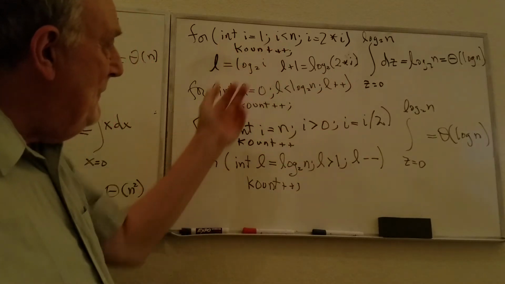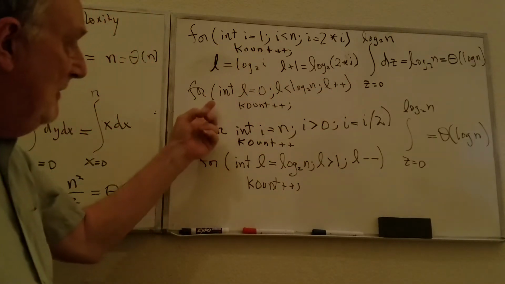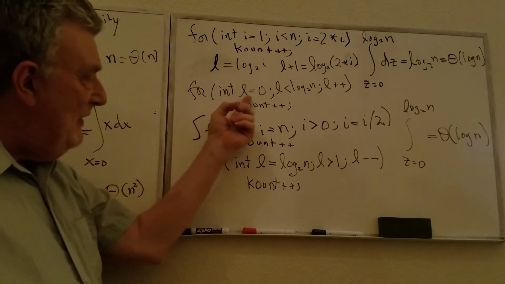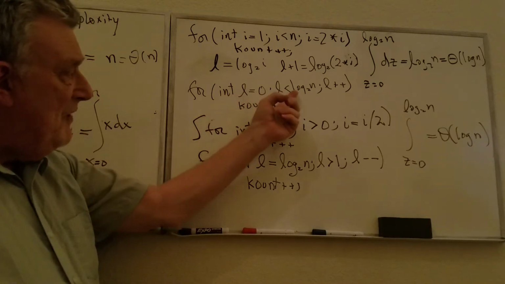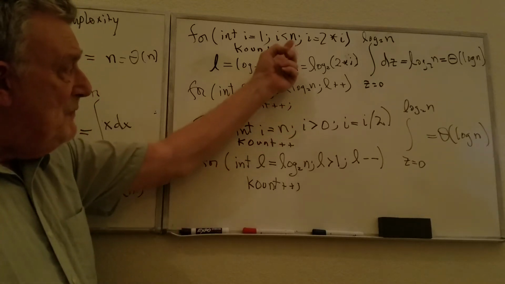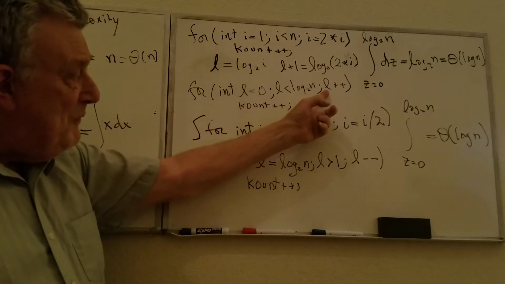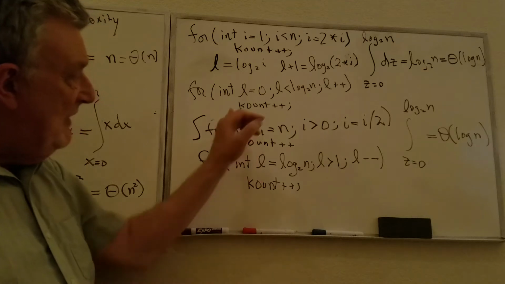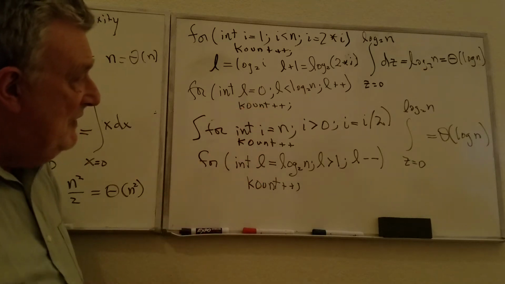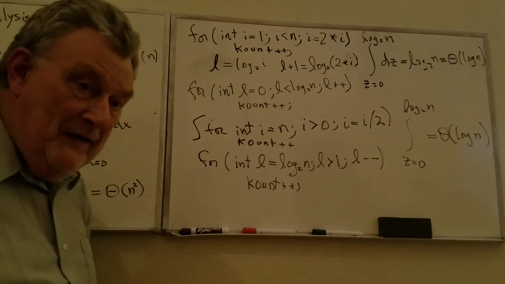Now, making the substitutions up here, we start with L equals 0. L goes all the way to not n, but the base 2 logarithm of n. And L increments by 1 every time, adding count. Now what's the calculus analog of this?